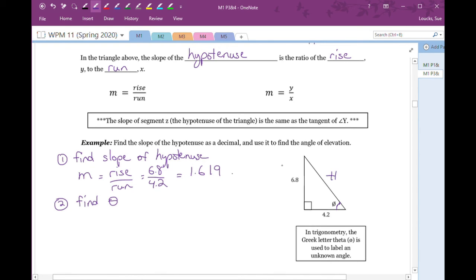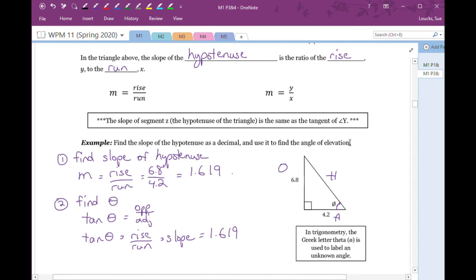Here's our hypotenuse. Here's our opposite. Here's our adjacent. Tan of theta is opposite over adjacent. Tan theta is also the rise over the run, which is the slope, which we know from above is 1.619.